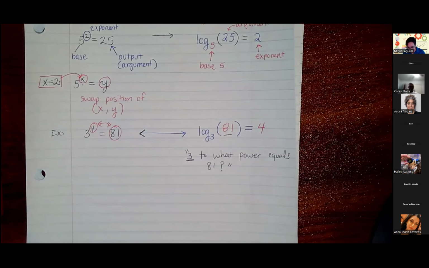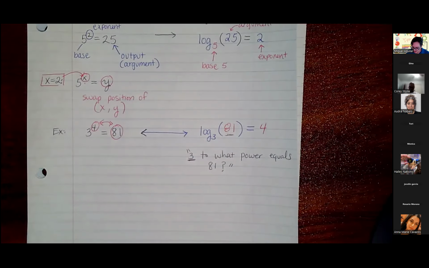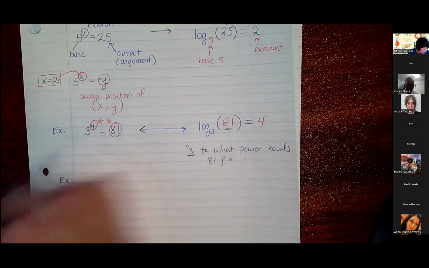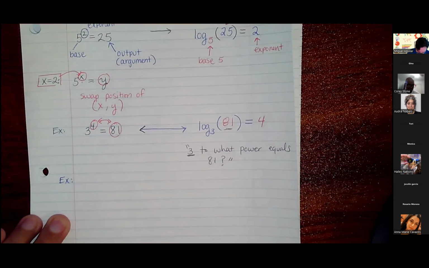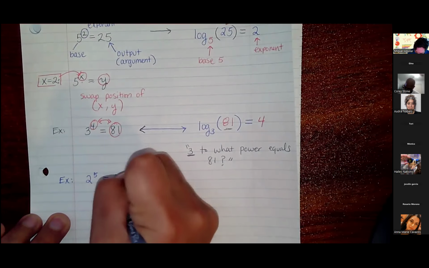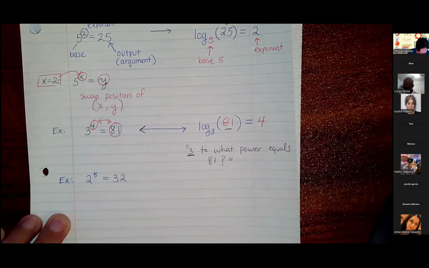Okay, let's do another one so that we can have some more practice here. Let's say I gave you guys 2 to the fifth power is equal to 32. I think that's right. I'm just going to double check that. 2 to the fifth power is equal to 32. Okay, good.